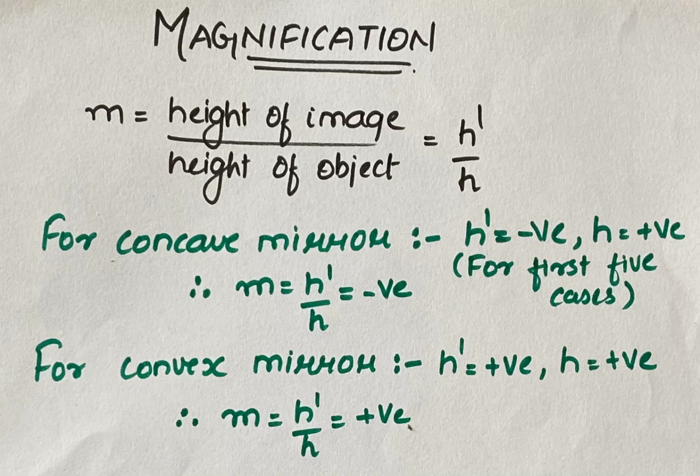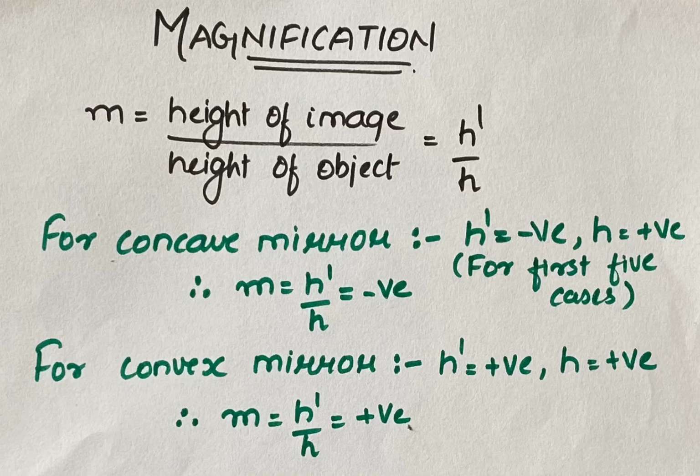Now if we consider concave mirror, for concave mirror height of image is negative, we have seen in sign convention, since the image obtained is inverted and height of object is always positive. So if we take the magnification, that is ratio of height of image to height of object, it will be negative upon positive, which will have negative value.